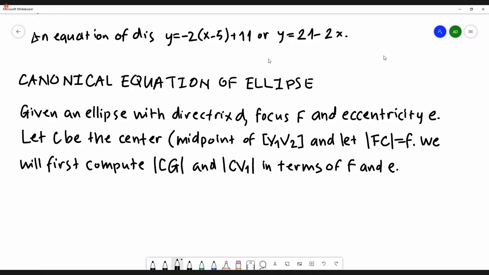Now we state a property. Now this property is important. We will use it frequently. Okay. Our property.